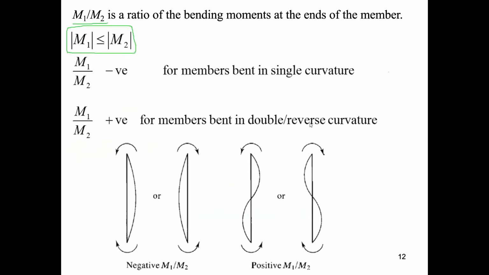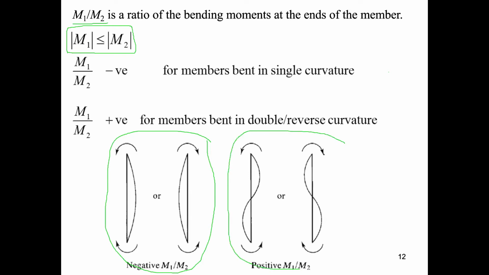M1 over M2 is negative for members bent in single curvature, and M1 over M2 is positive for members bent in double or reverse curvature. Two things are worth mentioning here.